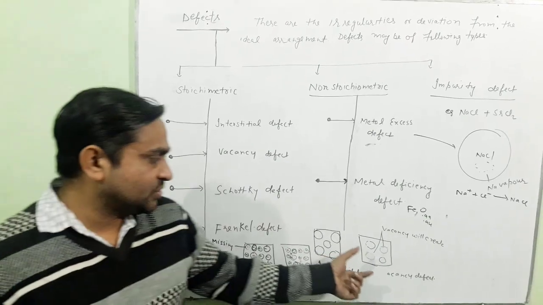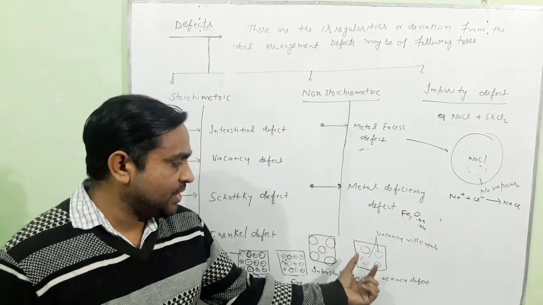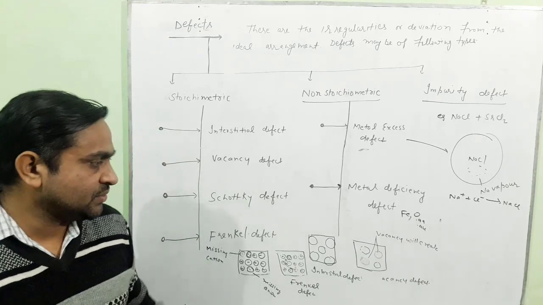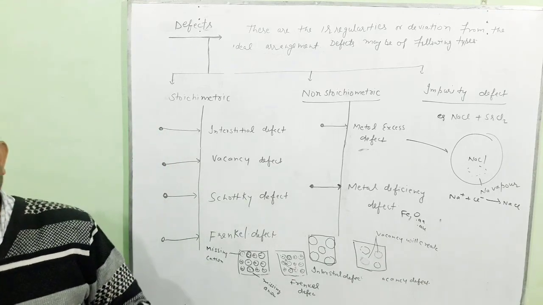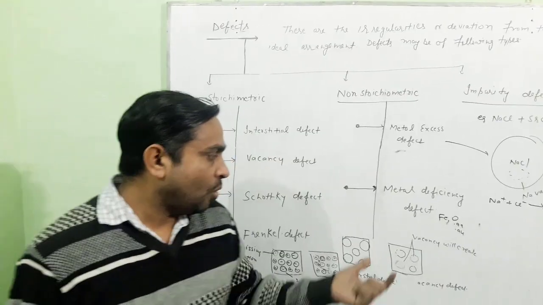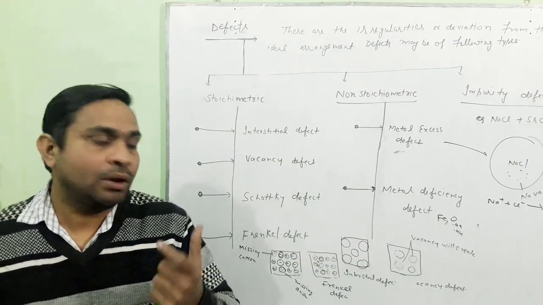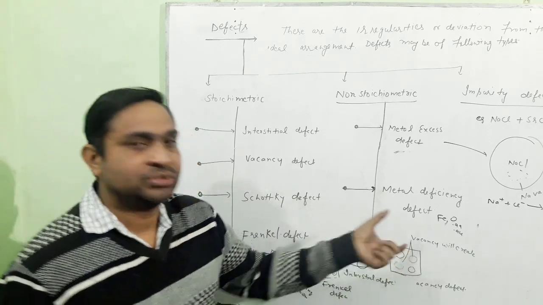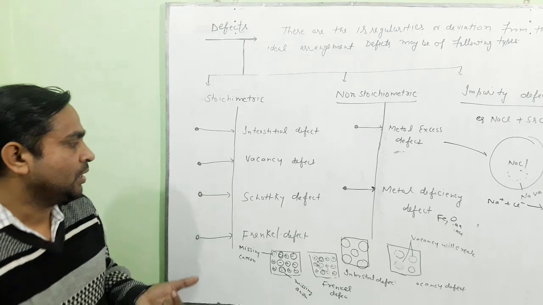Some constituent particle shifts from the normal site, or the lattice site remains vacant. This type of defect is generally found in AgBr.